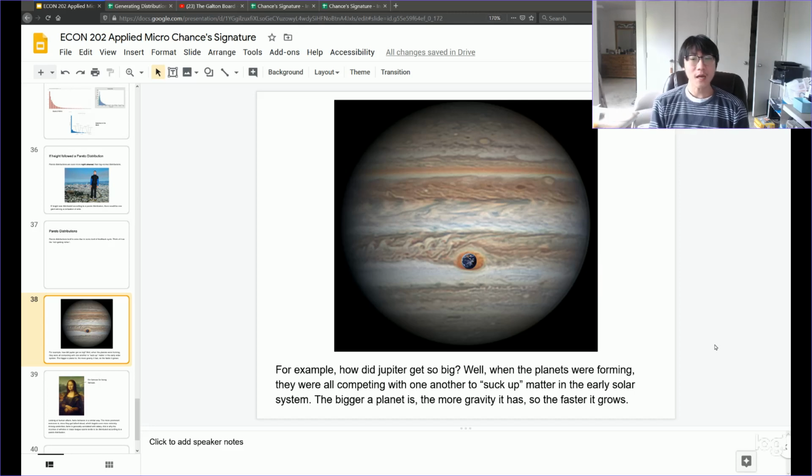Well, when the planets were forming, they were basically all competing with one another to suck up the matter in the early solar system. Of course, the bigger a planet is, the more gravity it has, and so the more it's able to suck up matter, so the faster it grows. But then, as you grow bigger, your gravity only increases, and so your ability to suck up matter only increases.